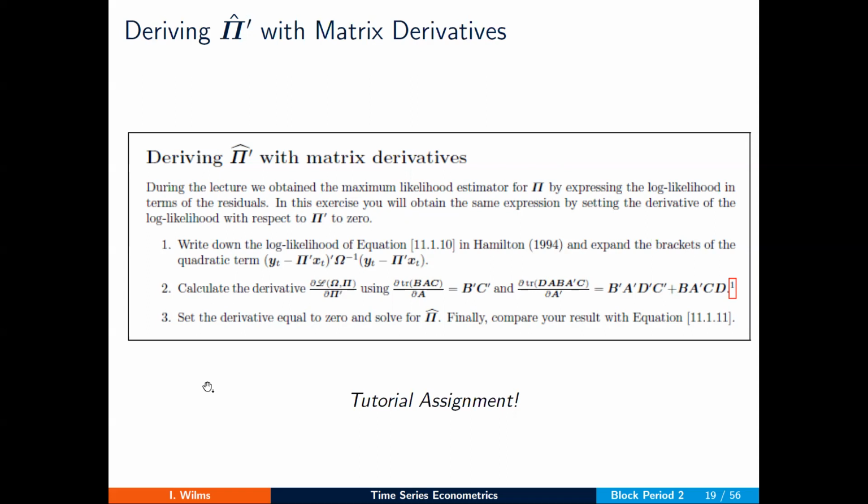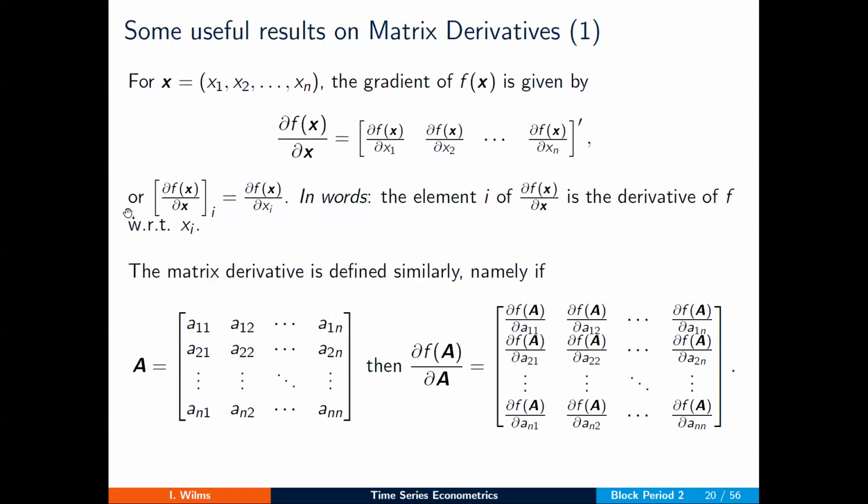To this end, I've summarized here some useful matrix derivatives on this slide, where the gradient of a function of x is given by this vector, where in essence, you take the derivative with respect to each component in x. Similarly, for the matrix derivative, you take the derivative with respect to each entry in the matrix A.